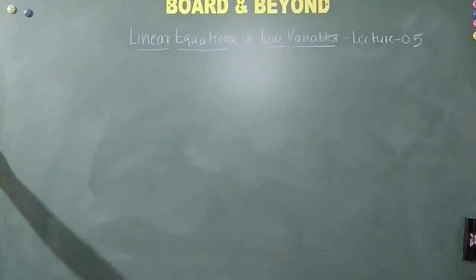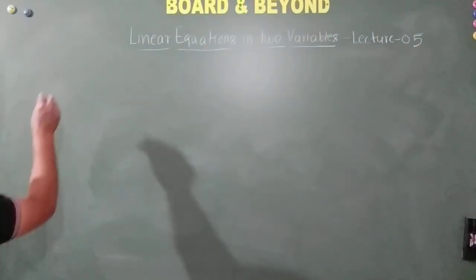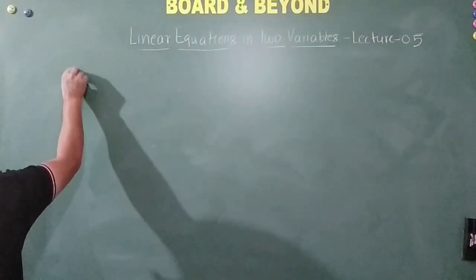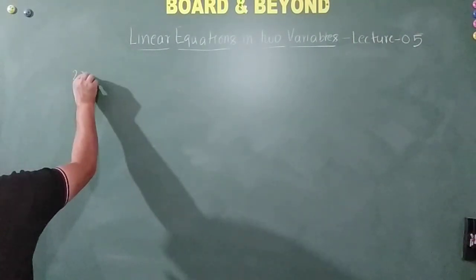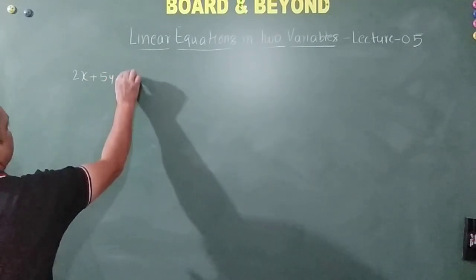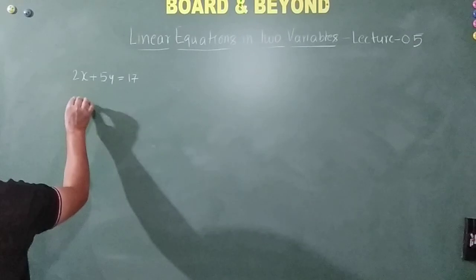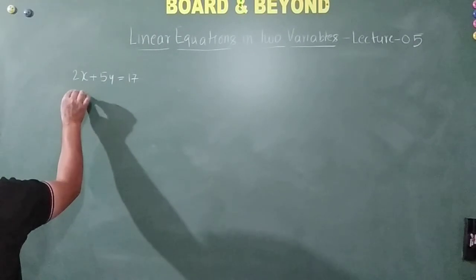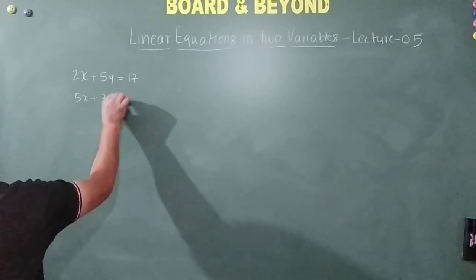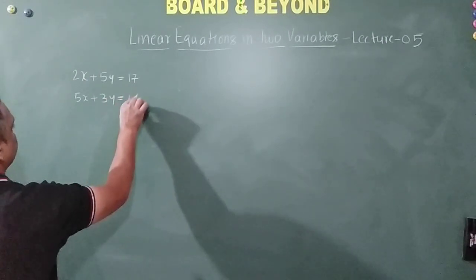Solve the system of linear equations. I'll just take two equations here: 2x plus 5y is equal to 17 and 5x plus 3y is equal to 14.